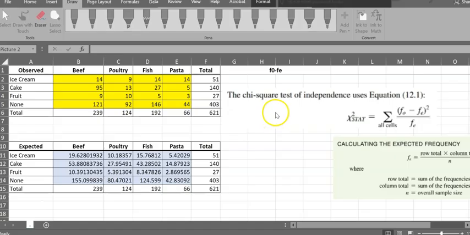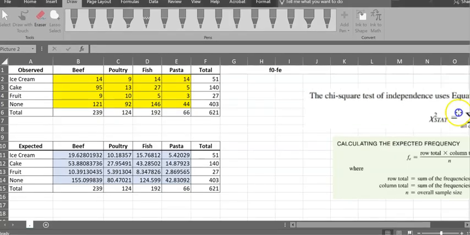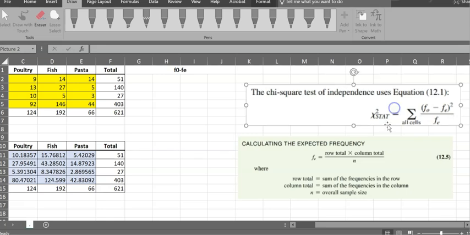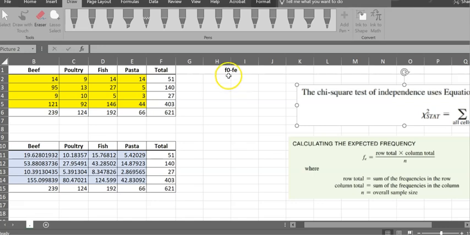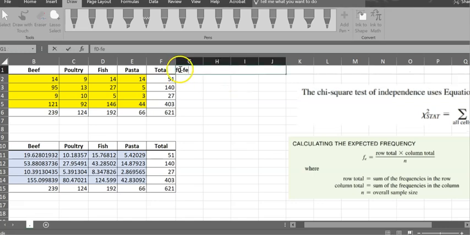Okay, great, let's do this step by step. The first step is to do f0 minus fe. So this is f0 minus fe, and then the next step we're going to do over here.